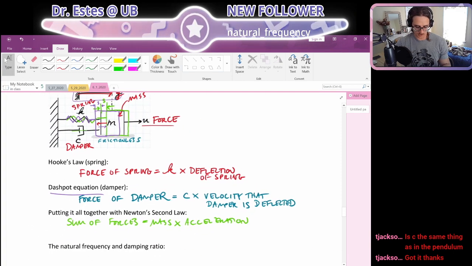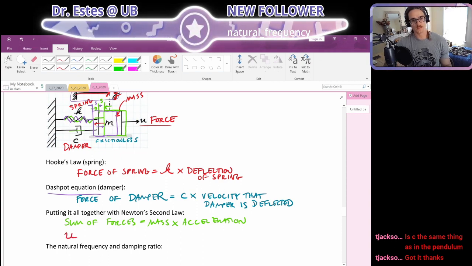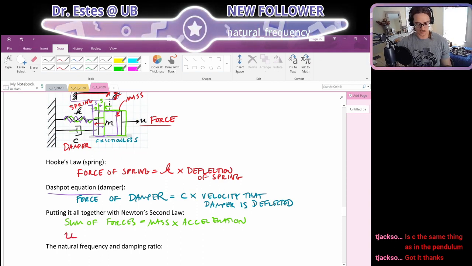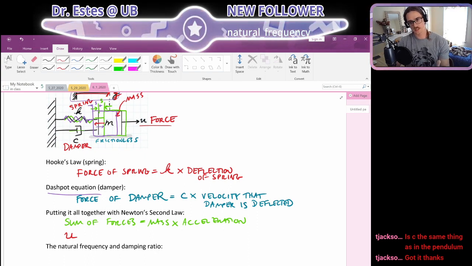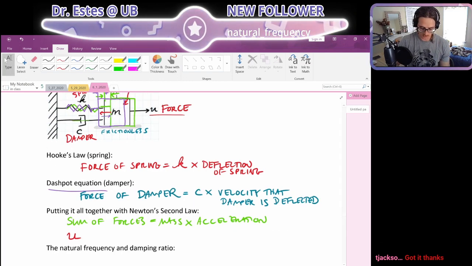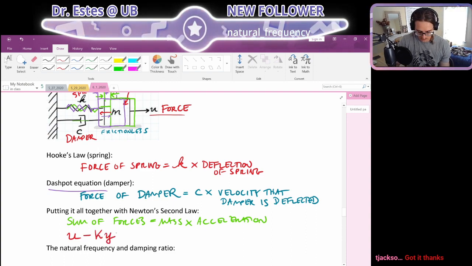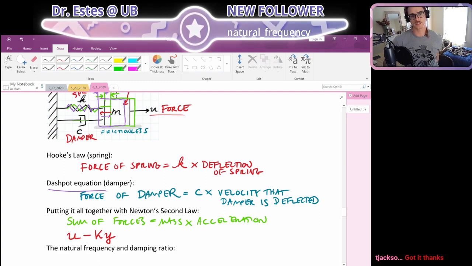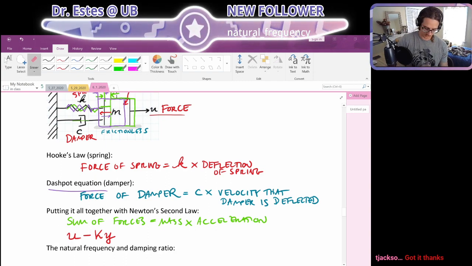All right, let's add them all up. So the first force I'm going to consider is U. Then I'm going to look at the spring. Let's assume that we stretched the spring a distance y to the right. Well, then the spring is going to try to pull the block back to the left. So it's going to be minus k times y. So y is the distance it got stretched. K is the spring constant.